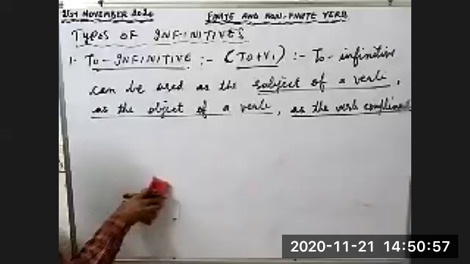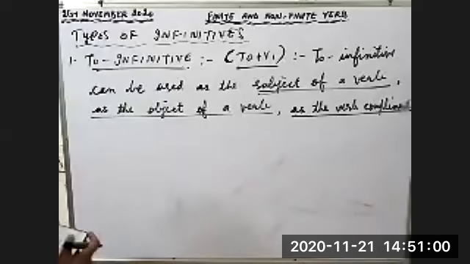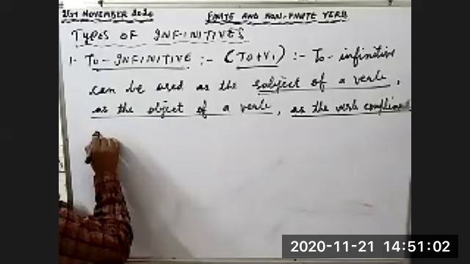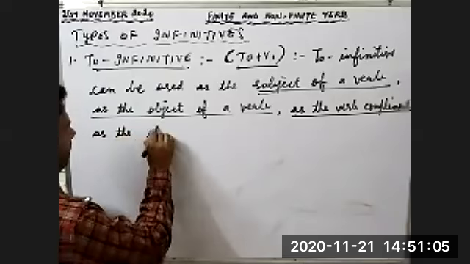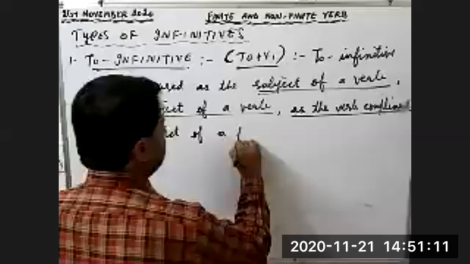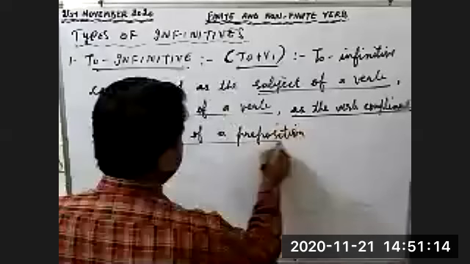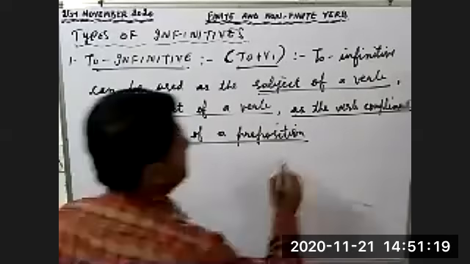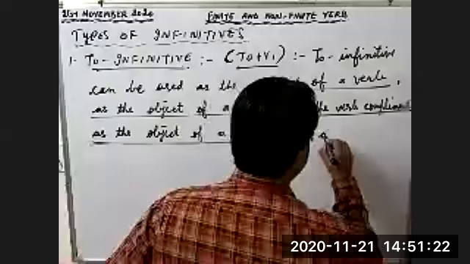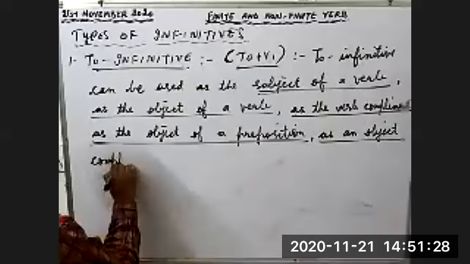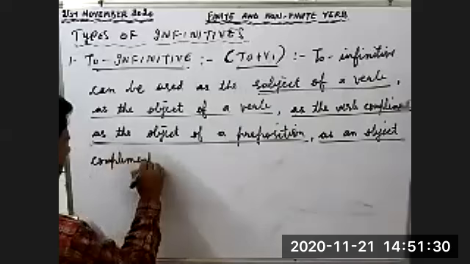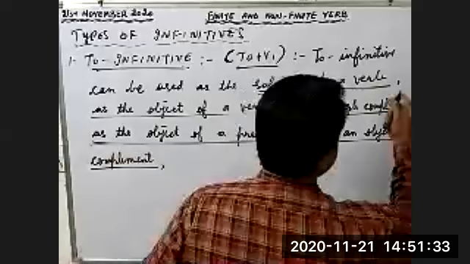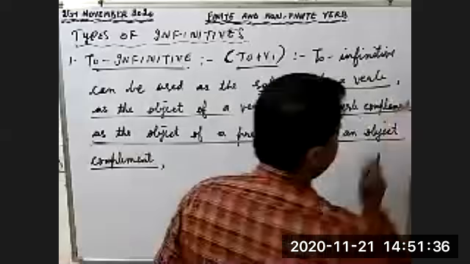Fourth use, as the object of a preposition. Fifth use is as an object complement. With the examples, you will understand all these things.